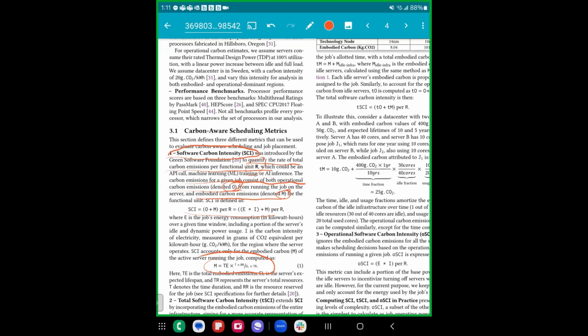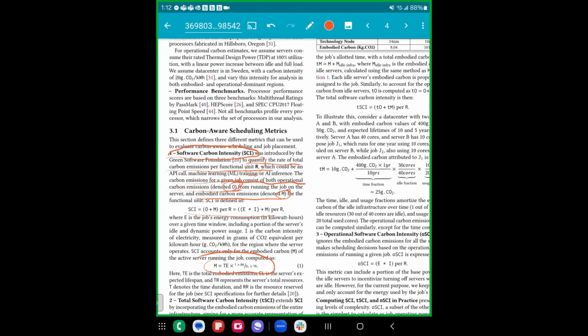So that's 1 month over 5 years. So the cost of that task's carbon footprint is whatever the operational energy consumed, and that 1 month over 60 months worth of the total carbon emission that was used to manufacture that unit, that CPU. So that's the big idea behind this SCI metric.